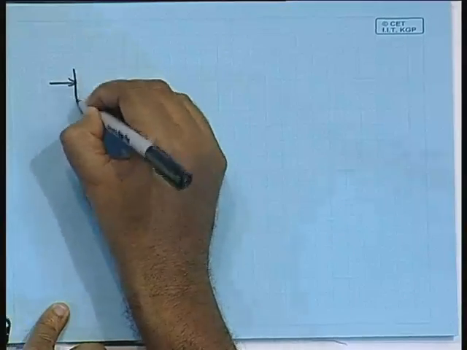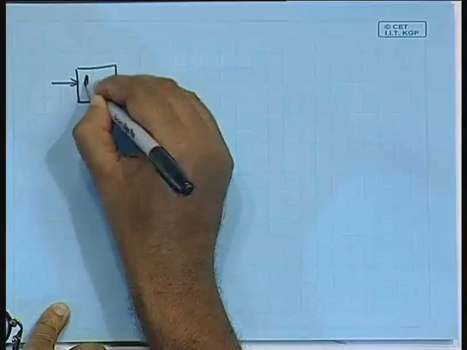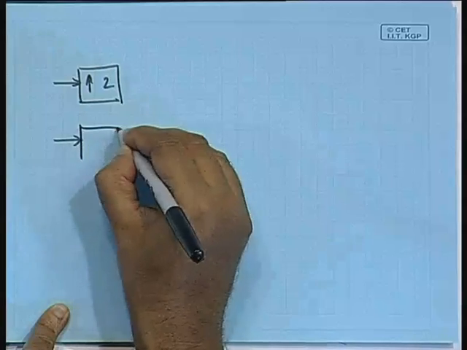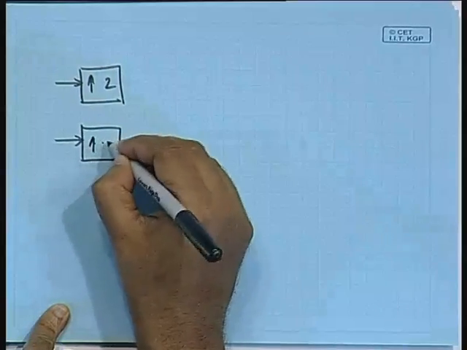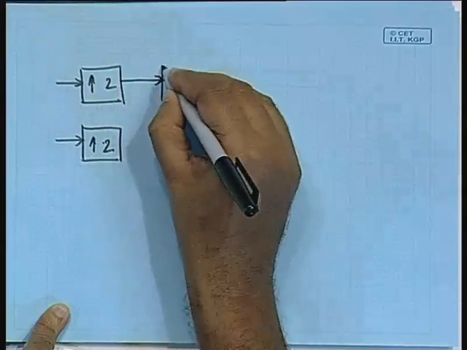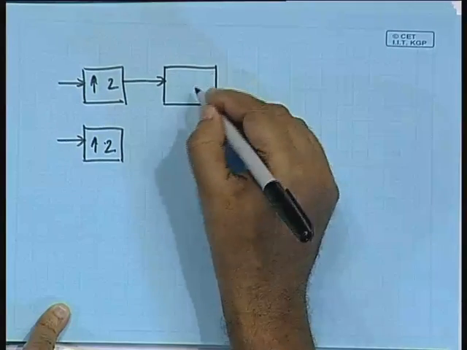The synthesis filter would be just the opposite of this. Since you have downsampled by 2, you have to correspondingly upsample by a factor of 2. So, this is upsample by 2, this is upsample by 2, and then you apply a synthesis filter.